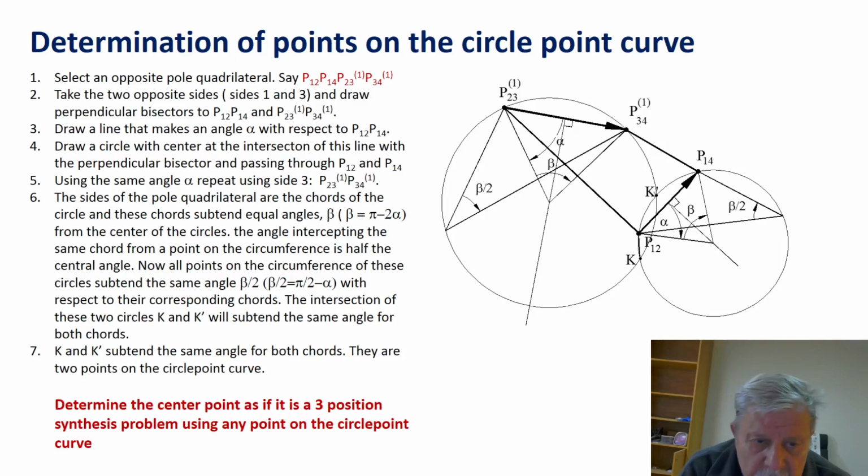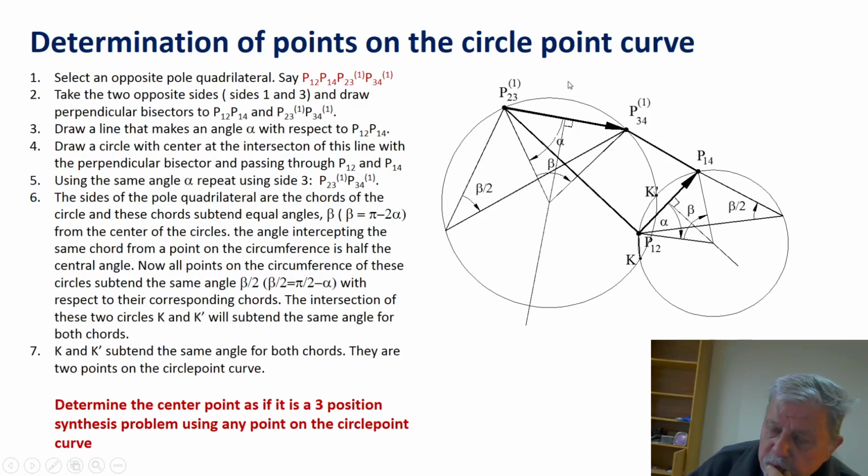We take the two opposite sides. I have taken P23 side 3 and side 1. This is side 3, this is side 1. These are the opposite sides. You can as well take side 2 and side 4. No problem, the same thing.